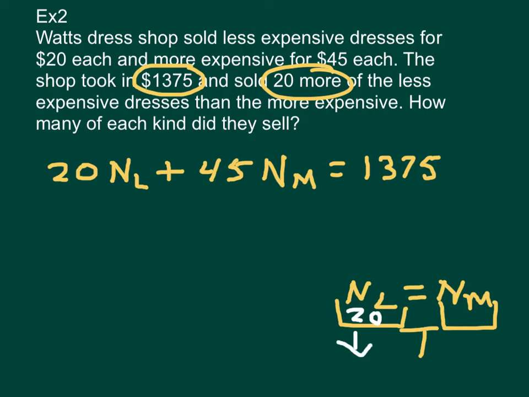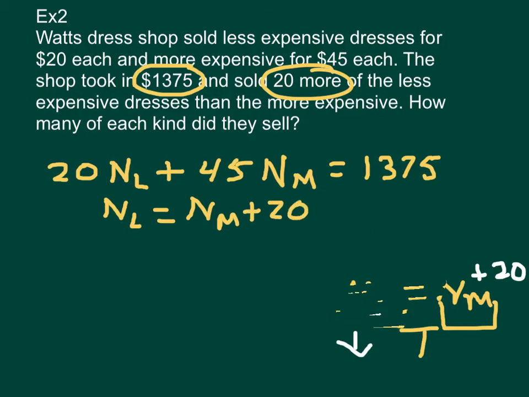How do I balance that out? I have to add 20 over here. So my equation is N_L, the number of less expensive, equals N_M plus 20. And that's my other equation.